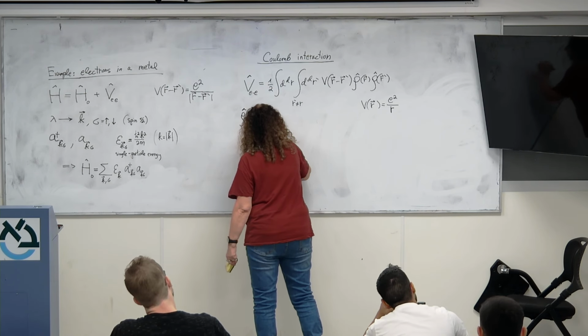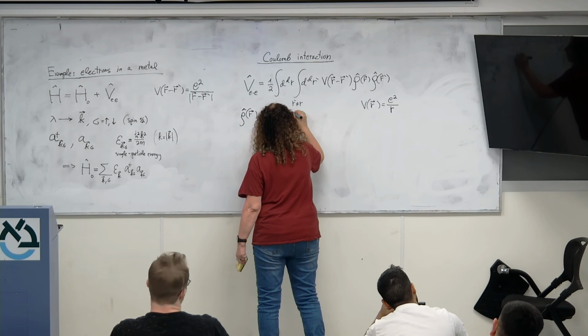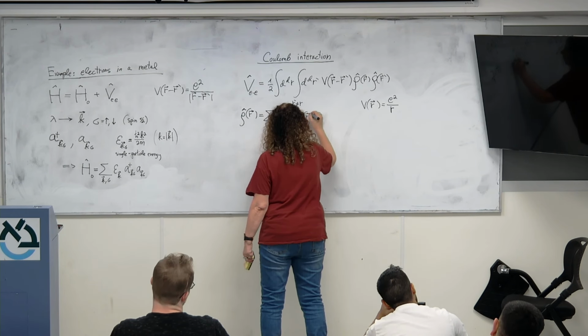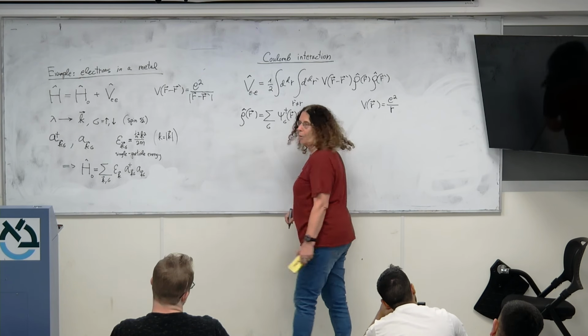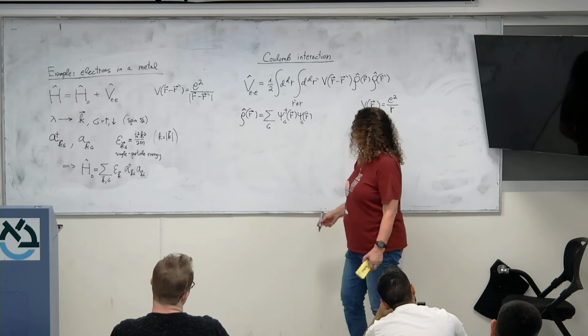It's a sum over sigma of psi dagger R sigma psi R sigma.